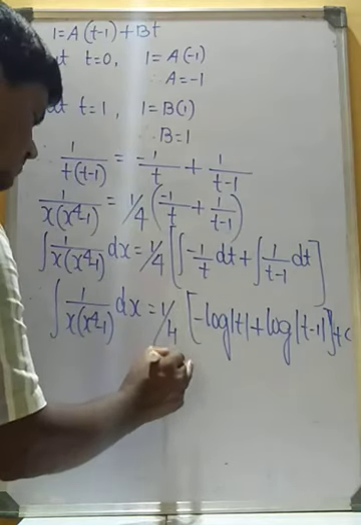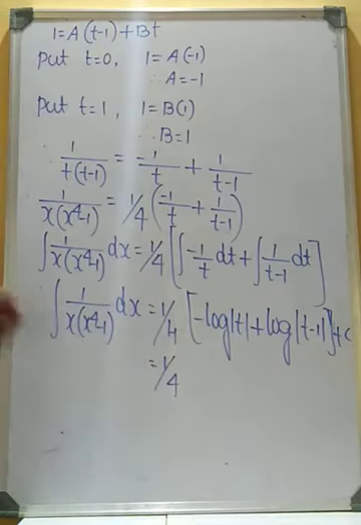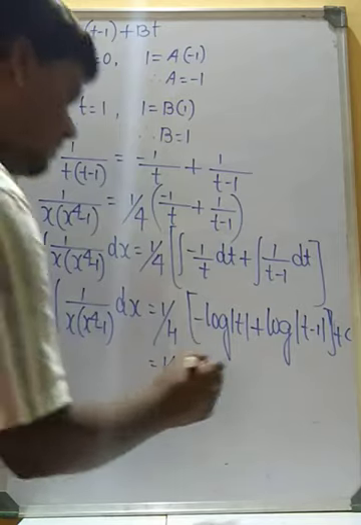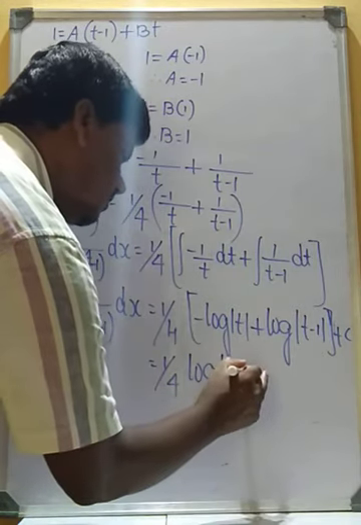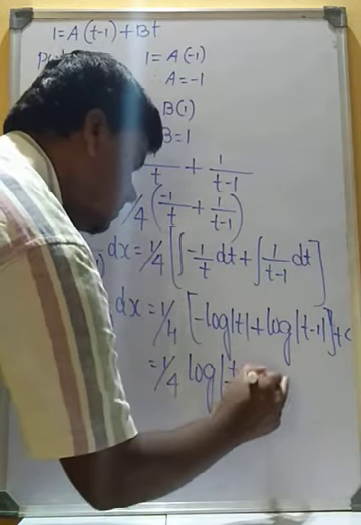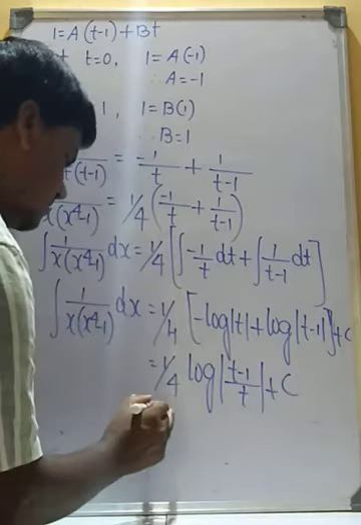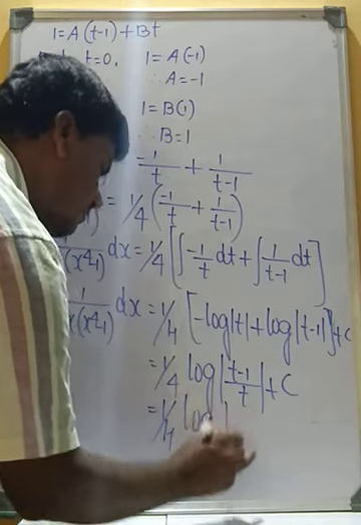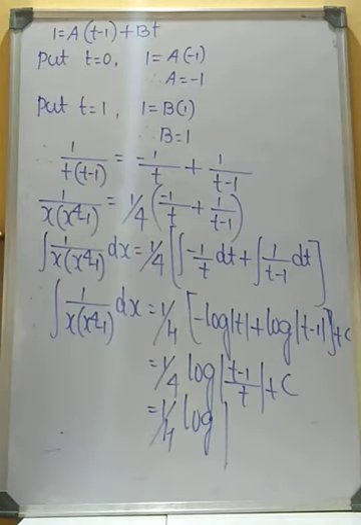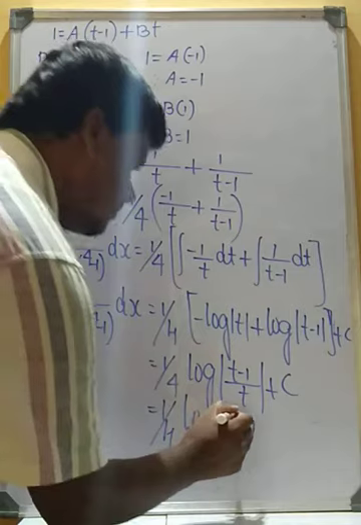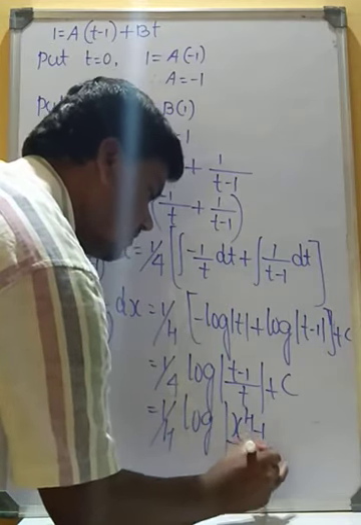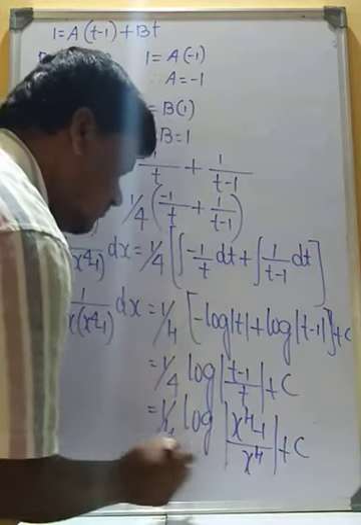That is equal to 1 by 4. You know the formula log a minus log b is log of a by b, that is log of mod t minus 1 divided by t plus c, that is equal to 1 by 4 into log of, what is t? t equals x to the power of 4, so x to the power of 4 minus 1 divided by x to the power of 4, plus c.